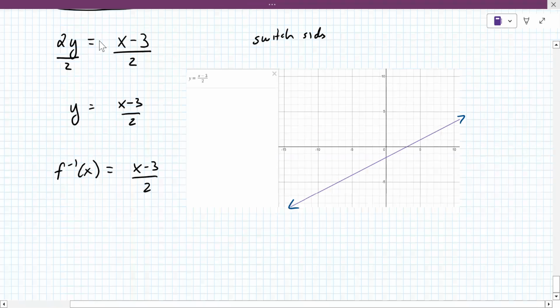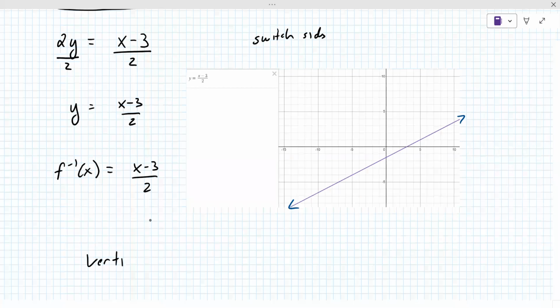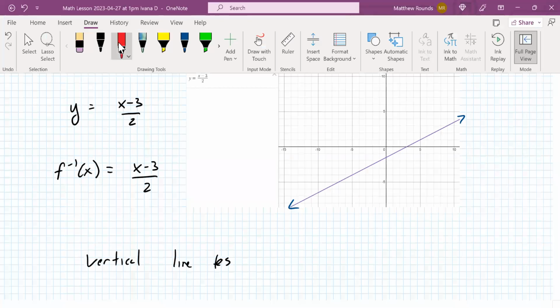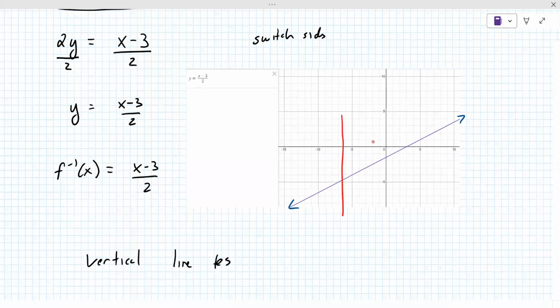Now, did we talk a little bit the other day about the vertical line test? Here's a vertical line. I'm going to draw my favorite vertical line. How many times does it hit the graph? Once. How about this vertical line? Once.